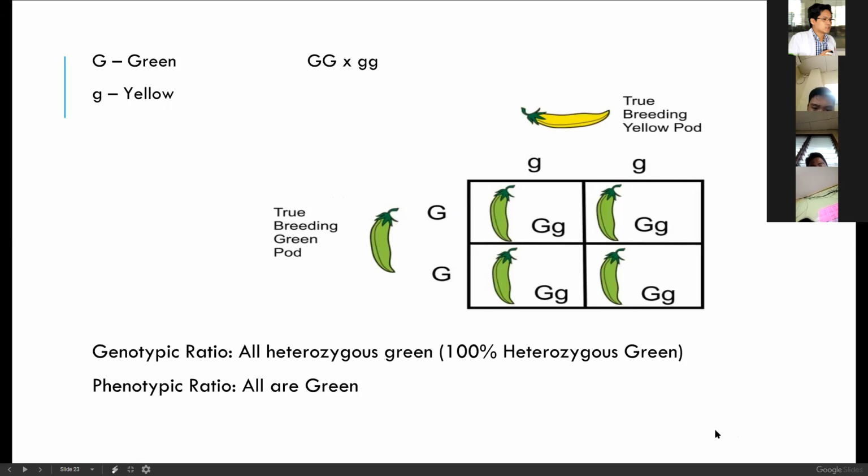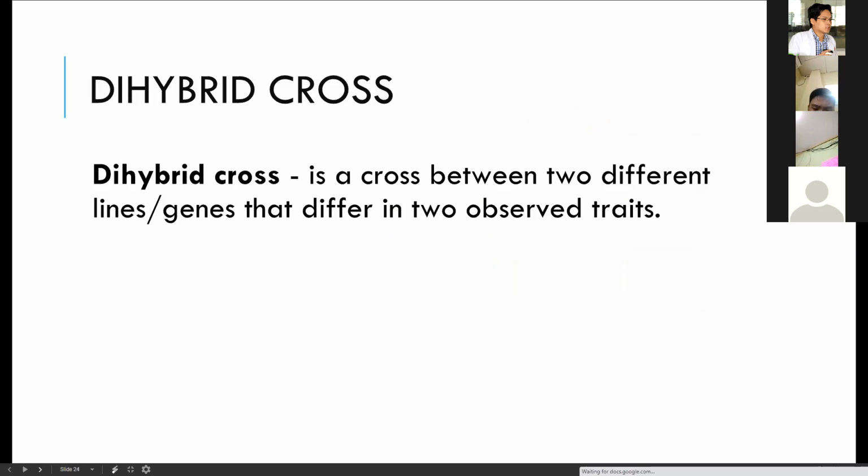Okay, just to make it clear, because the next topic could be dihybrid, it's more complicated than the monohybrid. When you say dihybrid, this is two or more, okay? Meaning that you are now crossing two different lines or genes that differ in two observed traits.